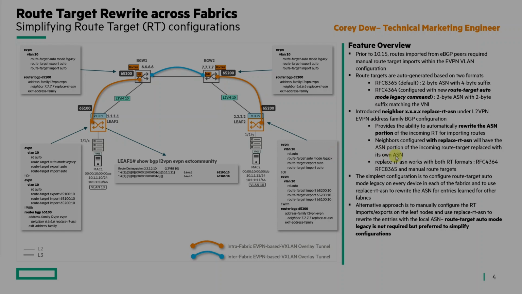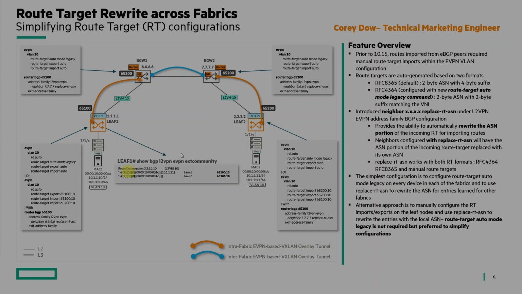Replace RTASN works with both route target formats, RFC 4364 and RFC 8365, and manual route targets as well. We'll see what this looks like later in the demonstration. The simplest approach is to configure the route target auto mode legacy on every device in each of the fabrics, and to use replace RTASN to rewrite the ASN for entries learned from other fabrics.